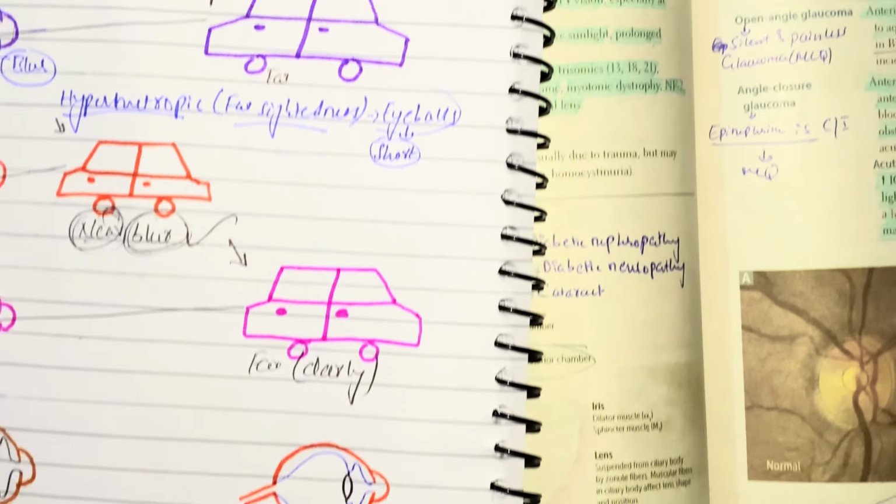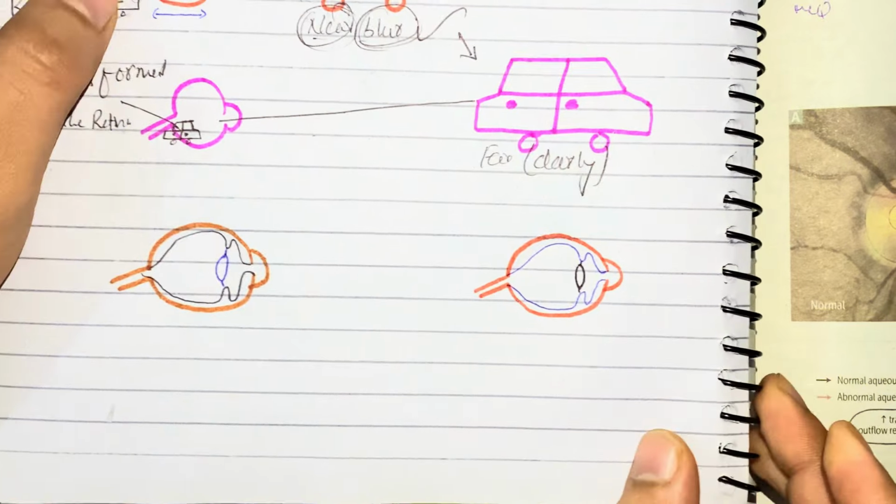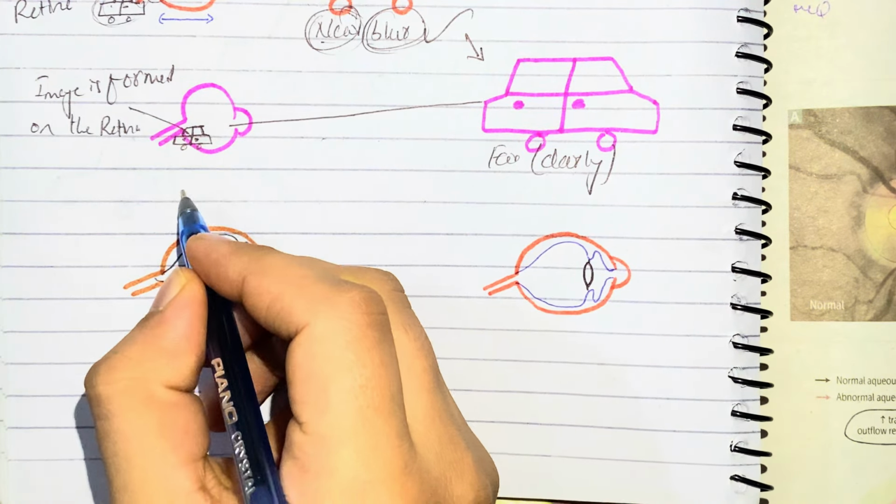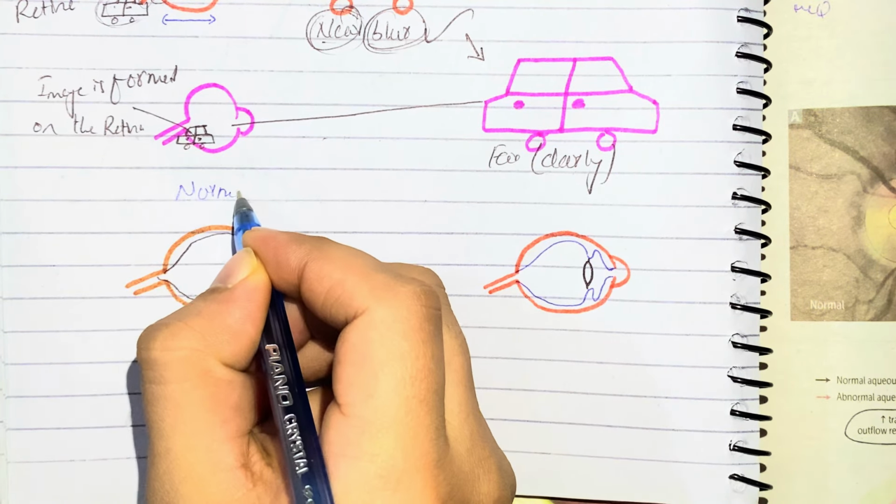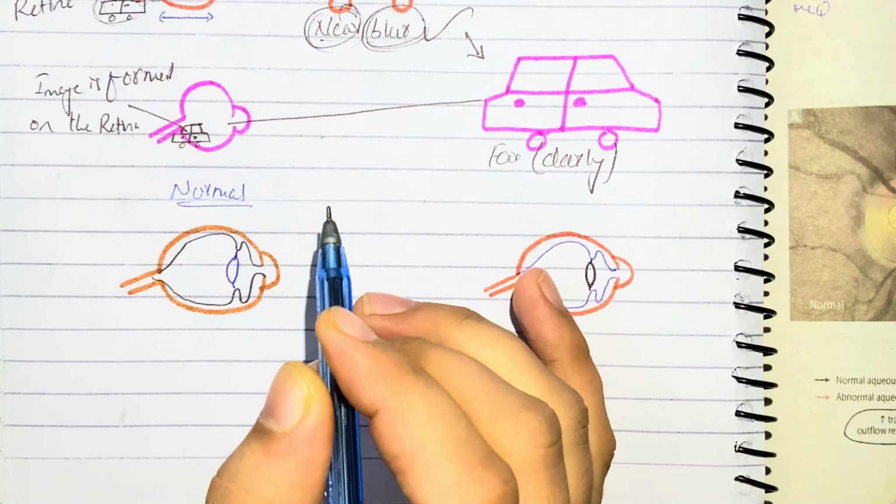When we discuss presbyopia, first of all, you need to understand the normal eye. कि normal eye के अंदर क्या होता है?